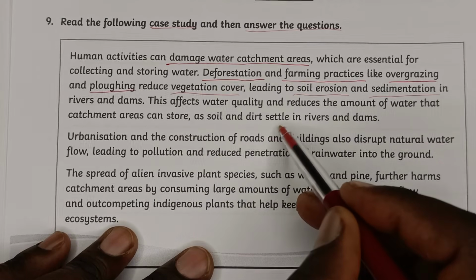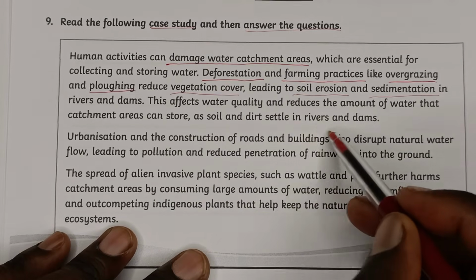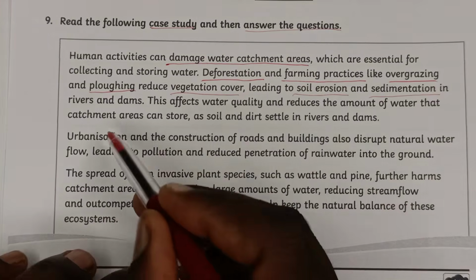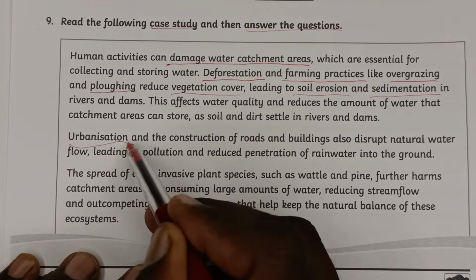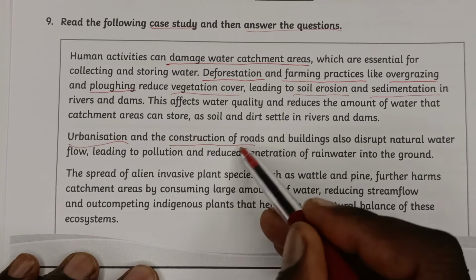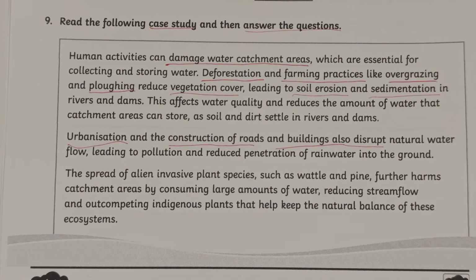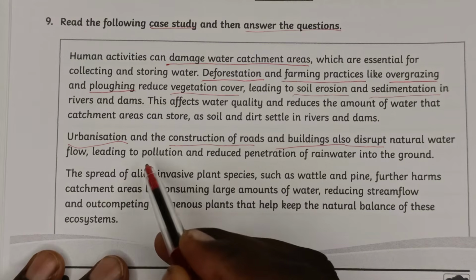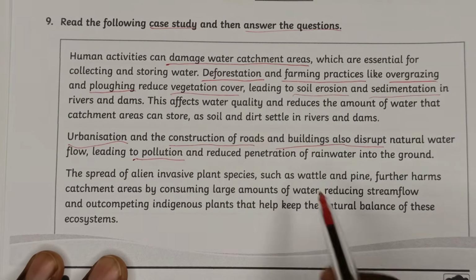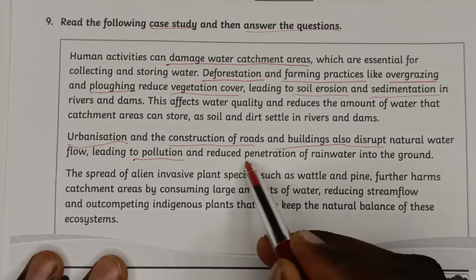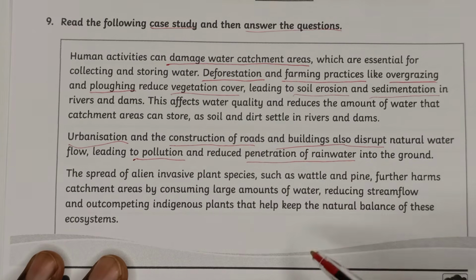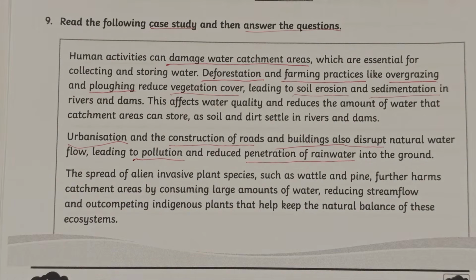This affects water quality and reduces the amount of water that catchment areas can store, as the soil and dirty sediment settle in rivers and dams. Urbanization and the construction of roads and buildings also disrupt natural water flows, leading to pollution and reduced penetration of rainwater into the ground.